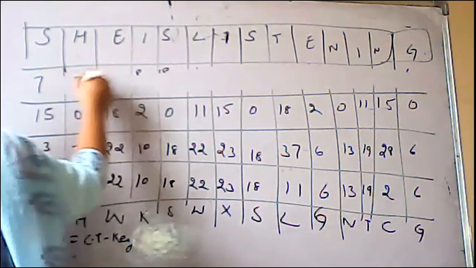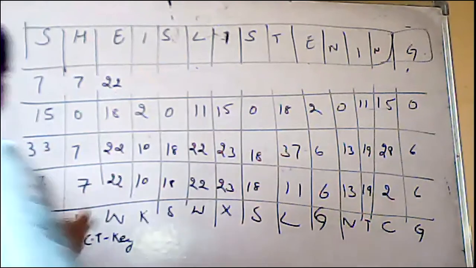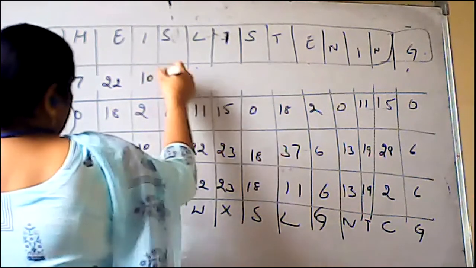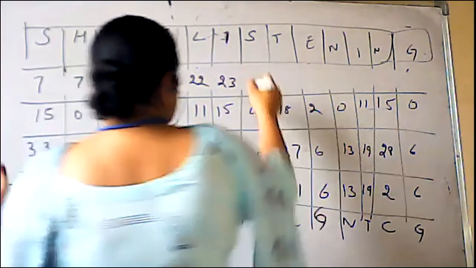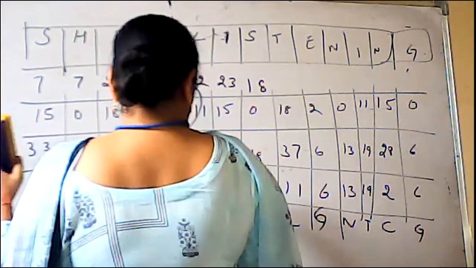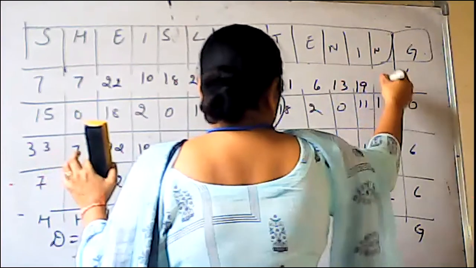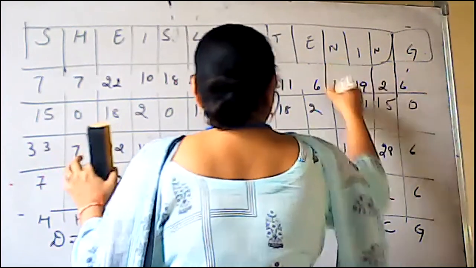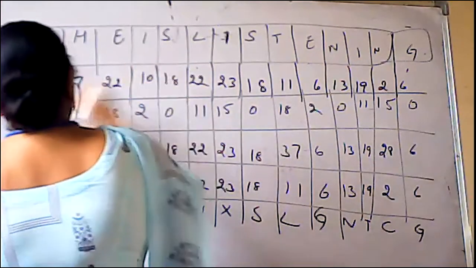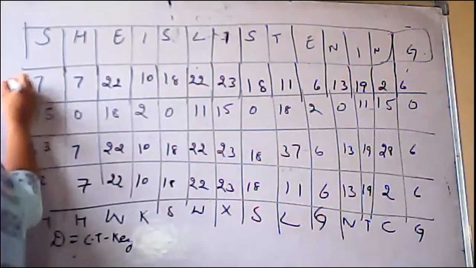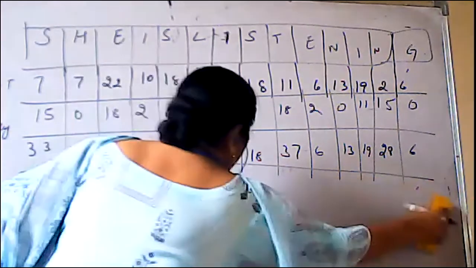Ciphertext is 7, 7, 22, 10, 18, 22, 23, then you will get 18, 11, 6, 13, 19, 2 and 6. So this is the ciphertext value which we have taken. Okay, ciphertext, this is key. So subtract the key from the ciphertext.